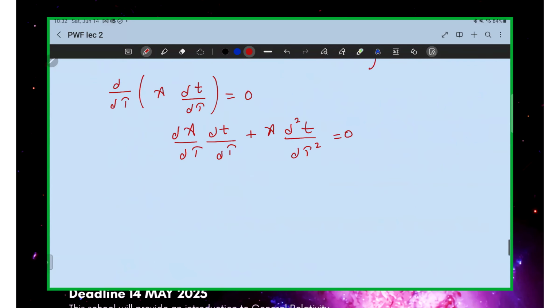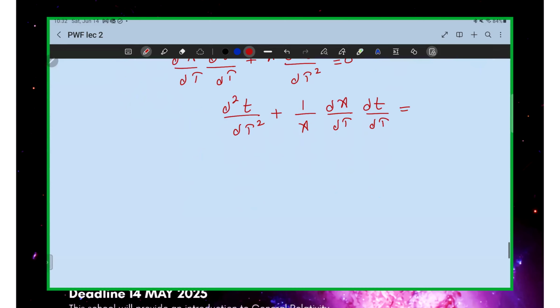right? And what you need to do is to ensure that you have the second derivative as the first quantity with coefficient 1, right? If you do that, then you will see that you get this. Now, equal to 0. Now, this thing can be written down like this because it only depends on A, only depends on r. But this is just A prime, okay?